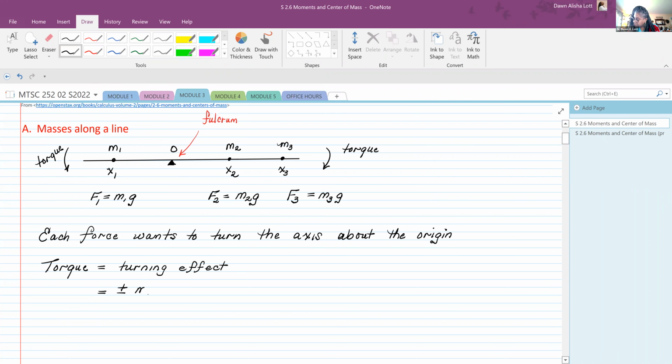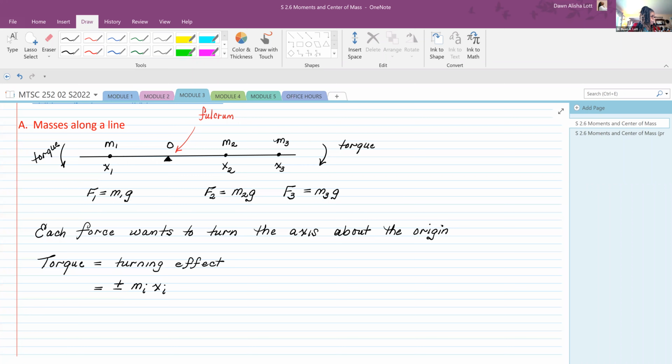It is mi times xi, so it depends on the mass of the object and how far it is from the origin, which is why if one friend is bigger than the other, they may need to adjust their distance away from the origin so that they can actually balance.